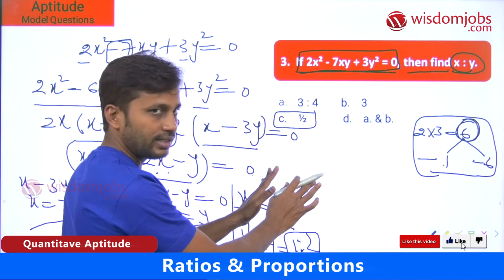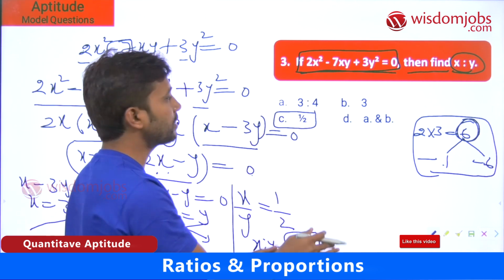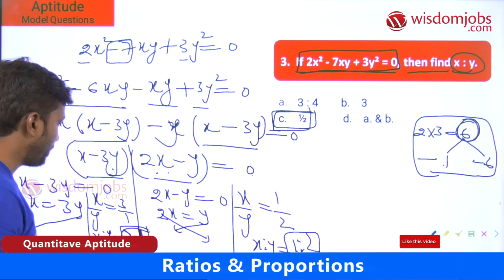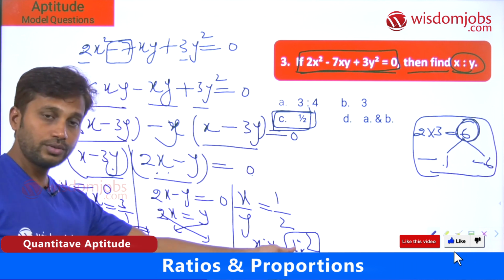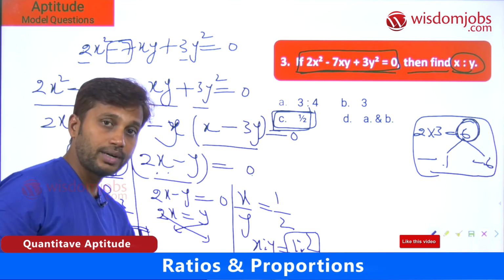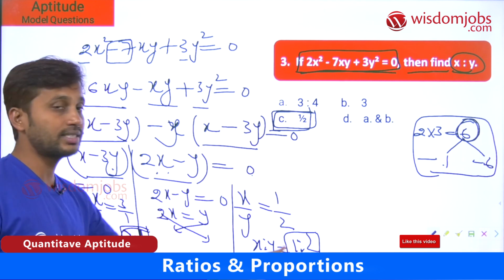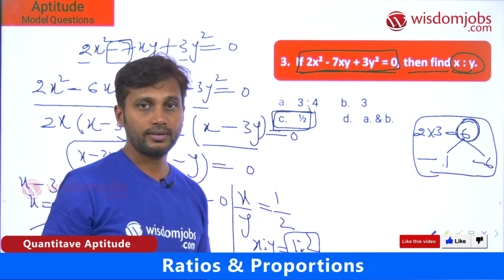So for this problem, your answer would be what? C. But the actual answer is what? Not C, sorry. x is to y equals 1:2 or 3:1. These two answers are possible for this question.